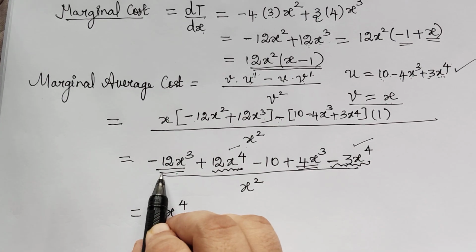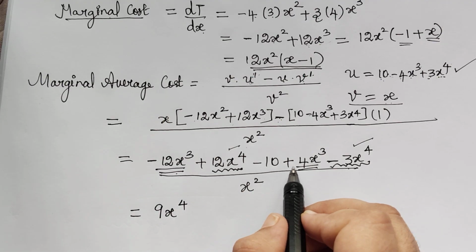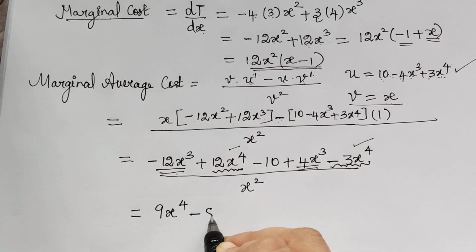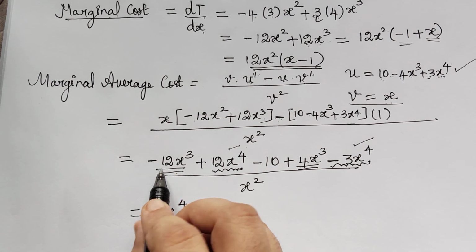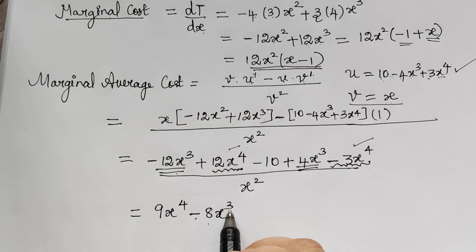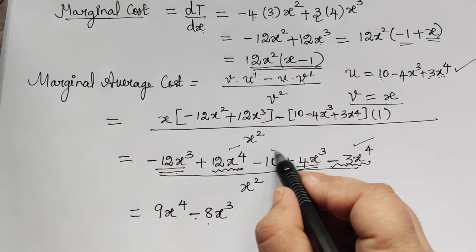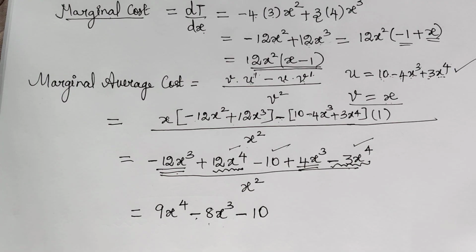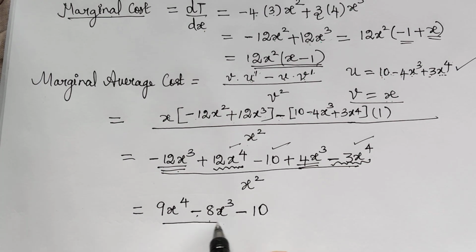So minus 12 plus 4, in fact it is minus 8x cube, because minus 12 plus 4 gives us minus 8. So minus 8x cube. And then we have the left out term as minus 10, which we will write here, minus 10, the whole divided by x square.